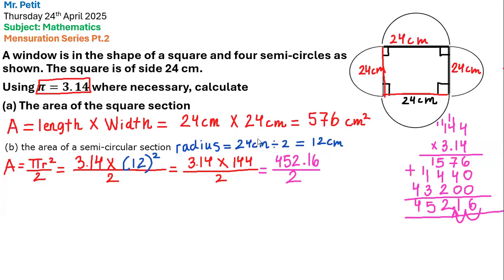I need space. So I'm going to say 2 into 4, 5, 2.16. It's too big, 2 into 4, 5.